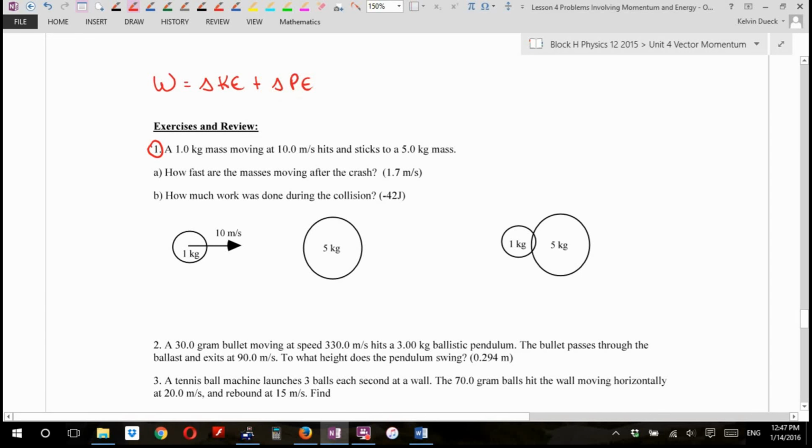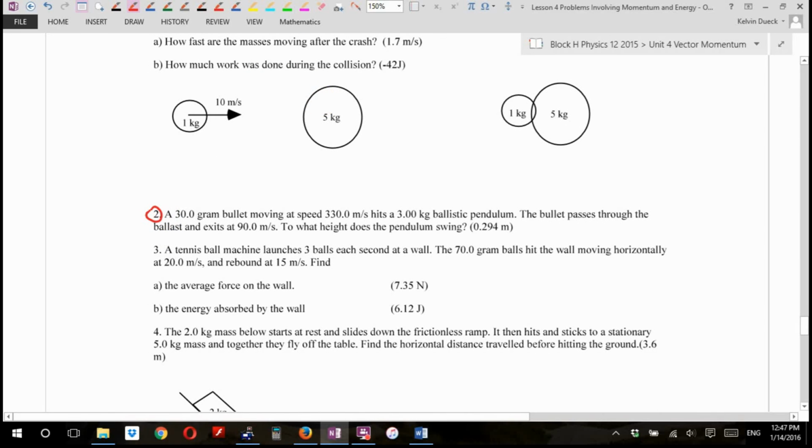Wait a minute. Do you see in that picture a change in height at all? And I think you lost kinetic energy, which is why when it says how much work was done, the answer is negative because some energy vanished. Sorry, got to be careful. Some kinetic energy vanished. Probably got turned into heat and sound. Because energy doesn't vanish, it's conserved. Okay, so you can handle that.